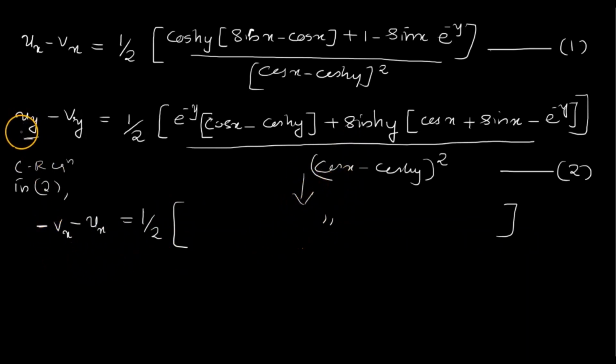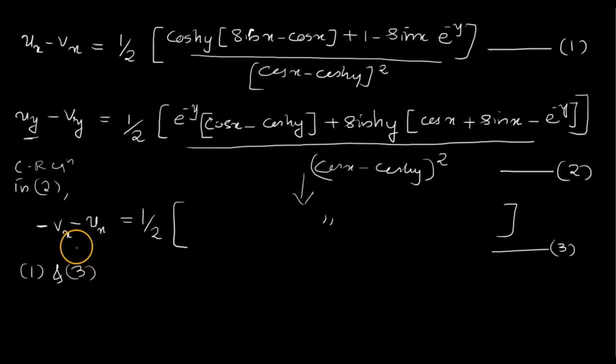And we replace uy equal to minus vx and vy equal to ux. Let's call it as 3. Now let's look at 1 and 3.